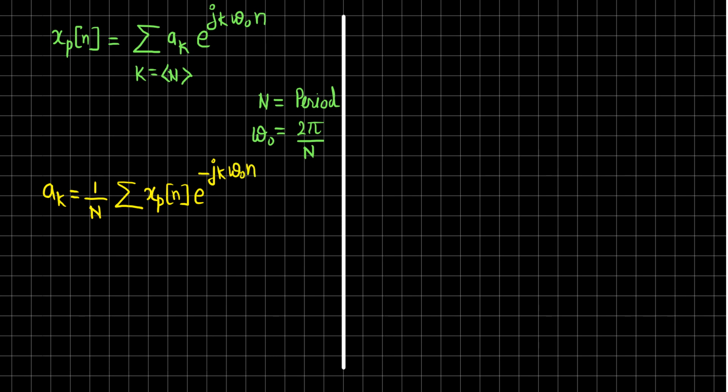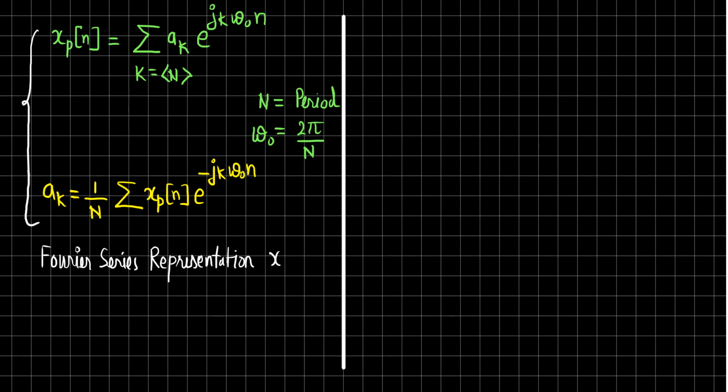We know these equations, and these equations are the Fourier series representation of the discrete time periodic signal, that is xp of n.